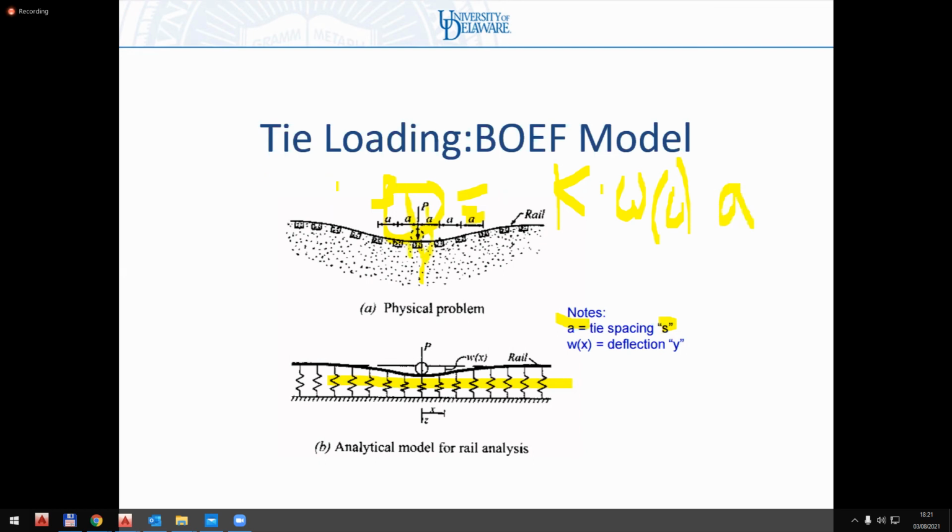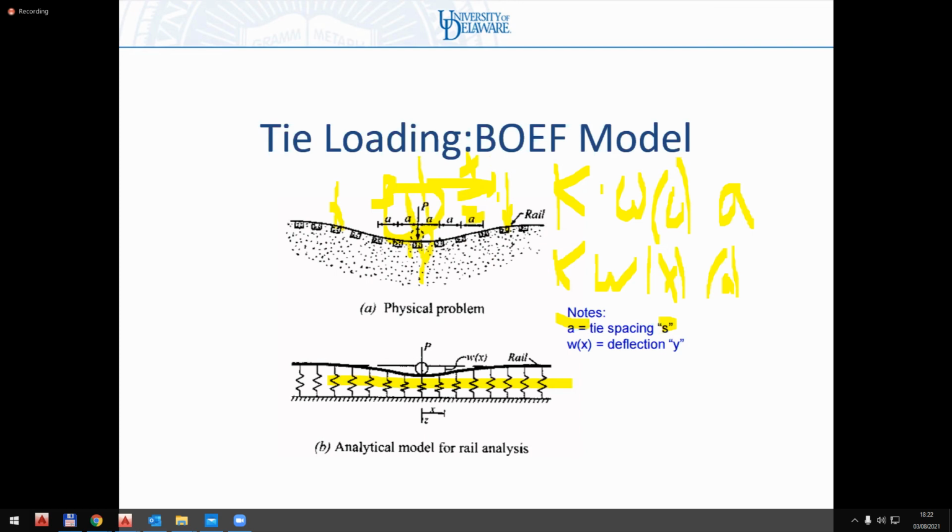And the force on this sleeper over here would be K times W of X, for whatever this distance X is, times A. In this particular case, I know it's 1, 2, 3, 4 sleepers around, so this is actually X equals 3A.